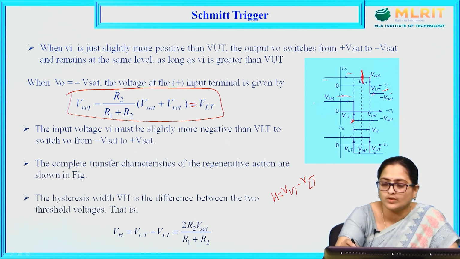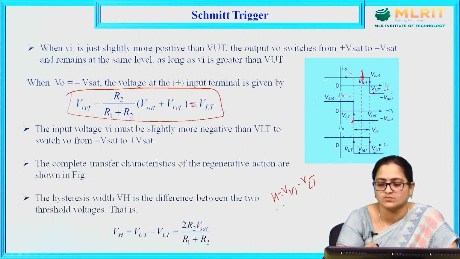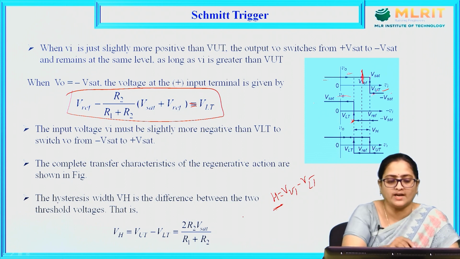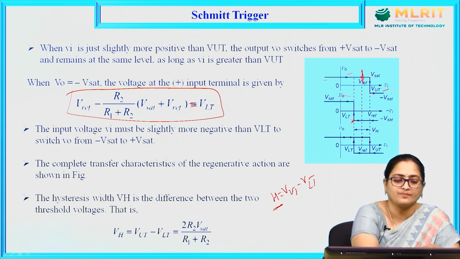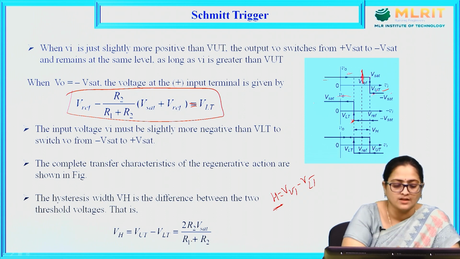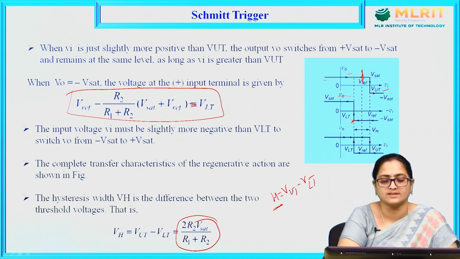And the difference between this upper threshold voltage value and lower threshold voltage value forms a hysteresis, which is defined as H. So, if you subtract V reference plus R2 by R1 plus R2 into Vsat minus V reference, and V reference minus R2 by R1 plus R2 into Vsat plus V reference, you will be getting 2R2 Vsat by R1 plus R2.